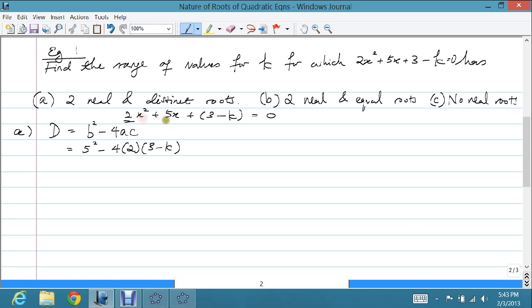We have a, b, and c. So this gives me 25 minus 24 plus 8k. Okay, so we have 1 plus 8k. So in order to have two real and distinct roots, 1 plus 8k must be strictly bigger than 0. So k must be bigger than negative 1 over 8.